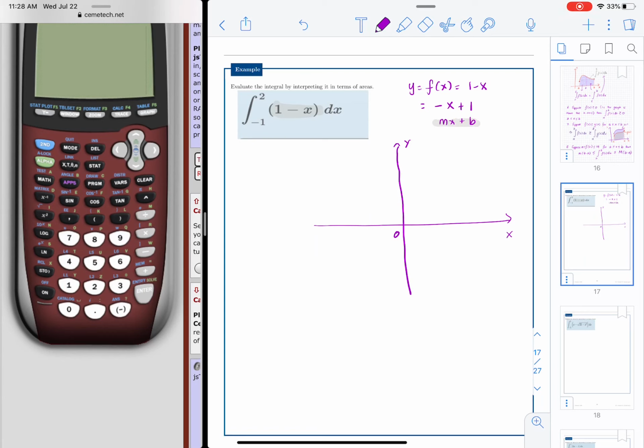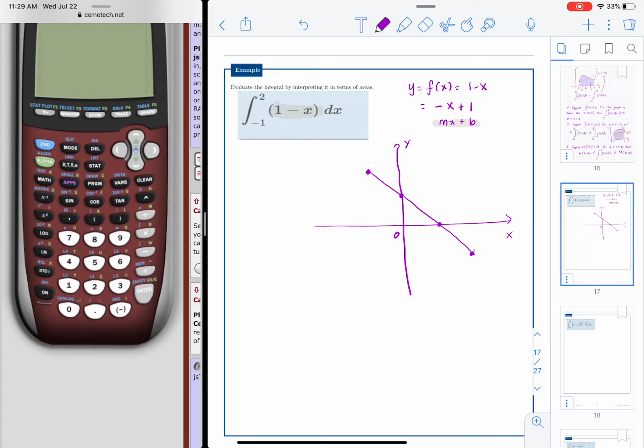So when x is 0, we are at 1. When x is 1, we will end up at 0. When x is 2, we will be at minus 1. And when x is minus 1, we are going to be at 2. We can connect the dots and just draw a line.